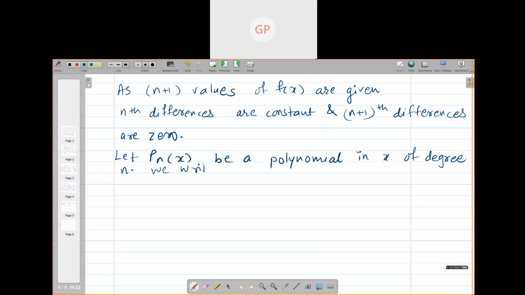You remember in case of Newton's forward, also we had written the polynomial in a specific manner, and then we later on calculated those constants a0, a1 up to an. Similarly, we will do here, but here our constants will not be in terms of forward or backward differences. Okay? We write P_n(x) in the following form.